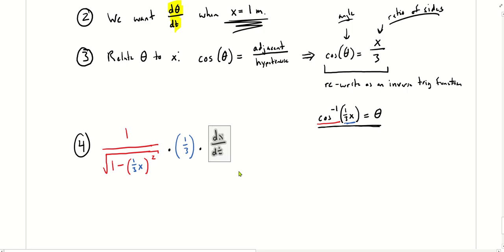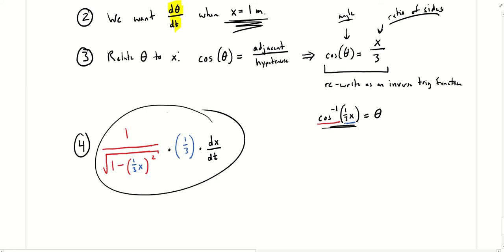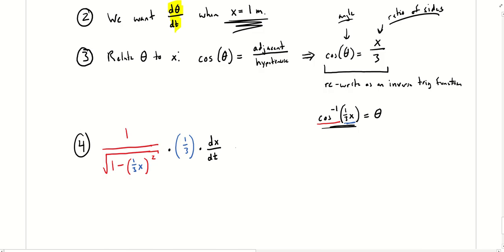I have to do that implicit differentiation chain rule portion. So this side's a little rough. That's this whole thing. The derivative of the inverse cosine of 1/3 x is this. But the derivative of theta with respect to t, derivative of theta is 1. It's just a variable. Then using that implicit differentiation chain rule, I multiply that by d theta dt.